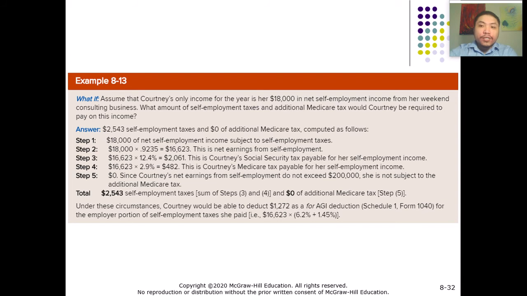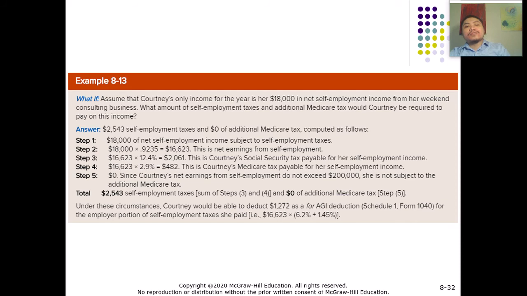Step 1 is to figure out the income coming from the self-employed activities, which is $80,000. They already told us. Then step 2 is to take that amount from step 1 times 0.9235, or 92.35%.